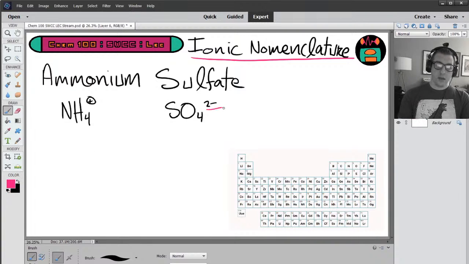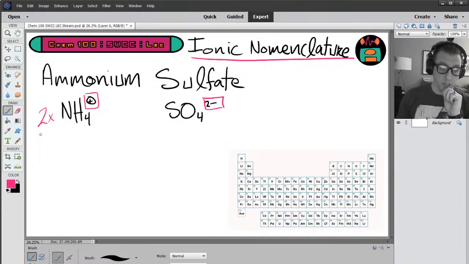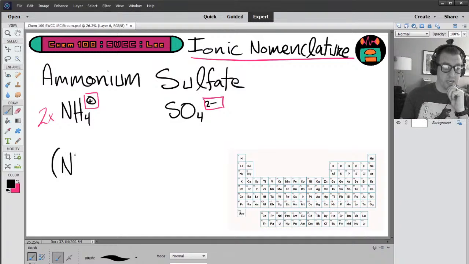Now, our anionic charge is -2. Our cationic charge is +1. So we are going to need 2 ammonium ions to balance the charge on 1 sulfate ion. Now, whenever you have more than one polyatomic ion, you must put it in parentheses, right?